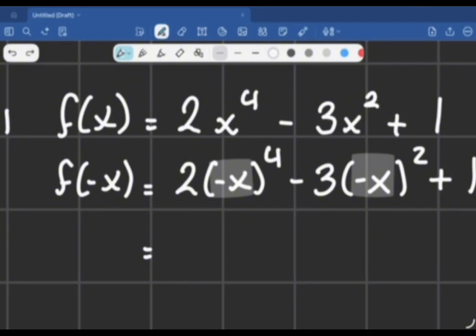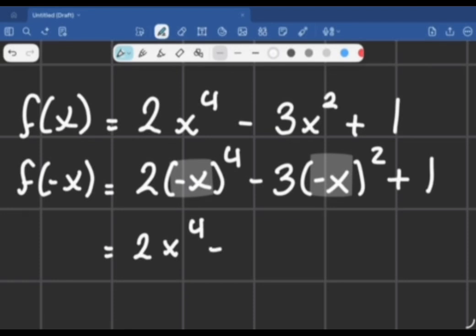Since this exponent is even, whatever is inside the brackets will automatically become positive, because a negative times a negative times a negative times a negative is always positive. So this doesn't change. This also doesn't change.